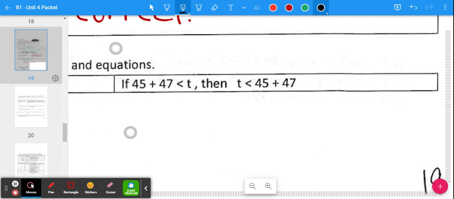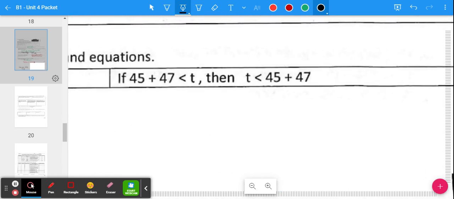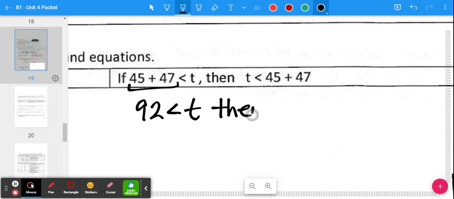So we need to simplify this as well. So we have 45 plus 47, which is 92, is less than t, then t is less than 45 plus 47, 92.